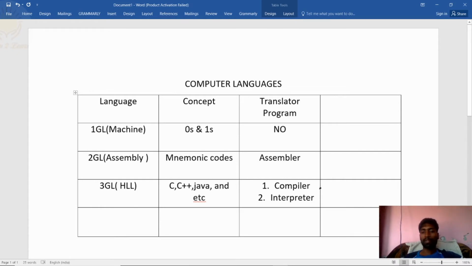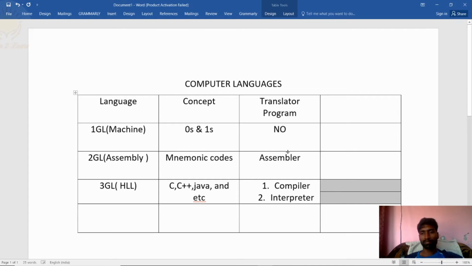The difference between compiler and interpreter, students. Compiler will convert all the program at once into machine language for the computer. But the interpreter converts a program line by line.